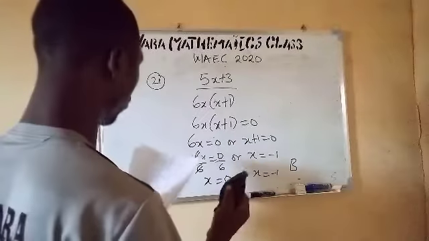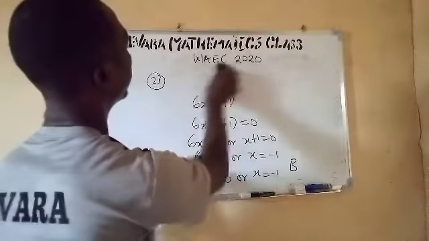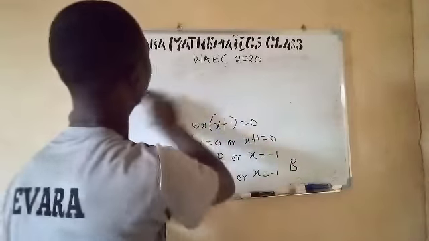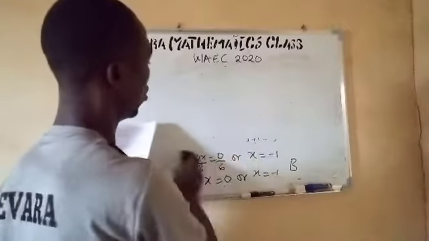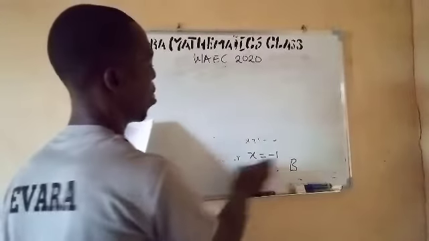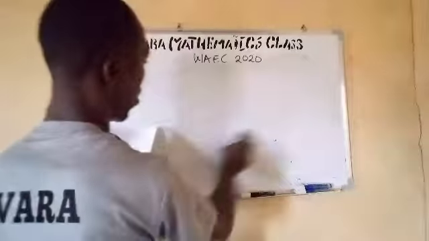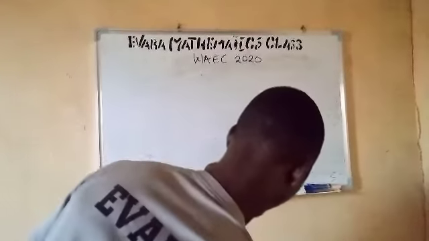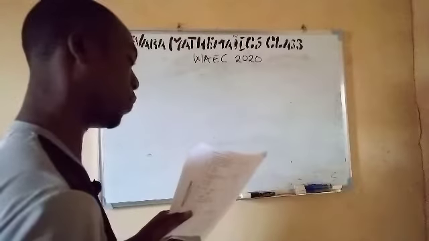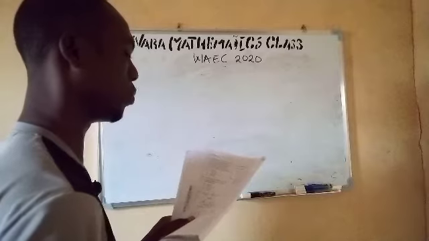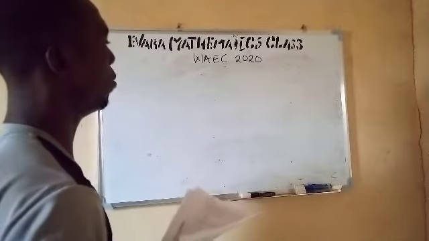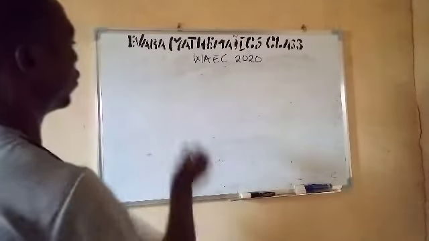Now let's take question 22. A man is 5 times as old as his son.